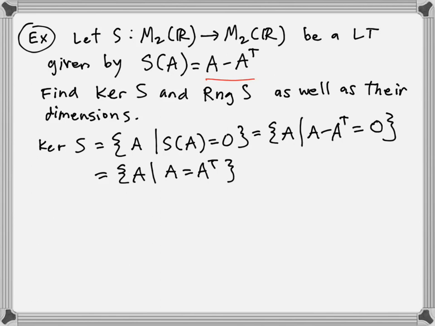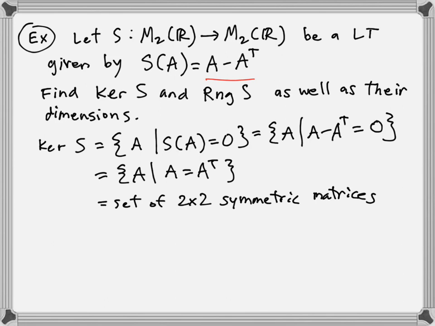But if a matrix is equal to its transpose, this is the same as the set of 2 by 2 symmetric matrices. Interestingly enough, we just found the kernel. It's the set of 2 by 2 symmetric matrices, which is a set that we understand. So what are the 2 by 2 symmetric matrices?